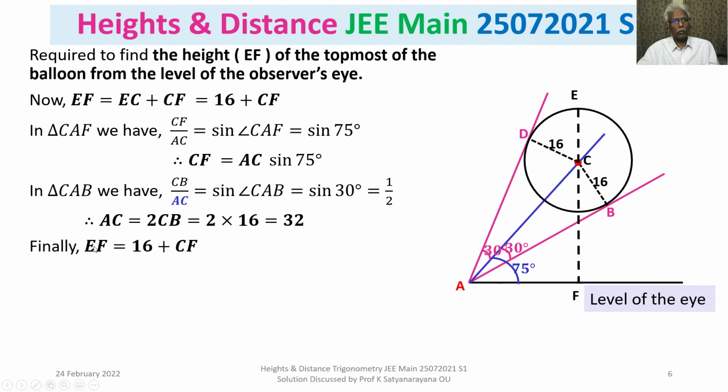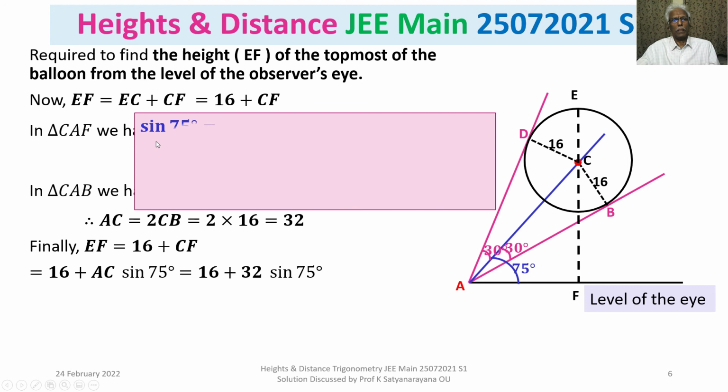Therefore, EF is equal to 16 plus CF, and CF is equal to AC times sine 75, and AC is equal to 32. So EF is equal to 16 plus 32 times sine 75 degrees. We know how to compute the sine of 75 degrees; some of you may know it by heart.